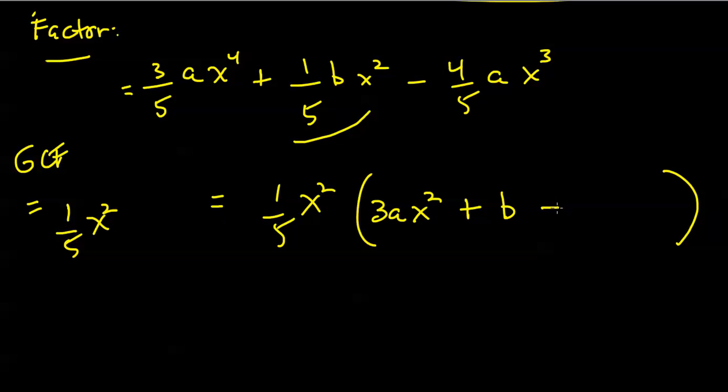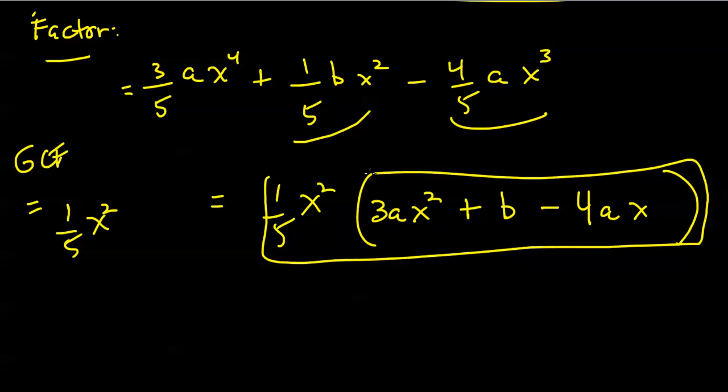And then minus, if I take out a 1/5 x squared, I'll be left with a minus 4ax. Final answer: 1/5 x squared times 3ax squared plus b minus 4ax.